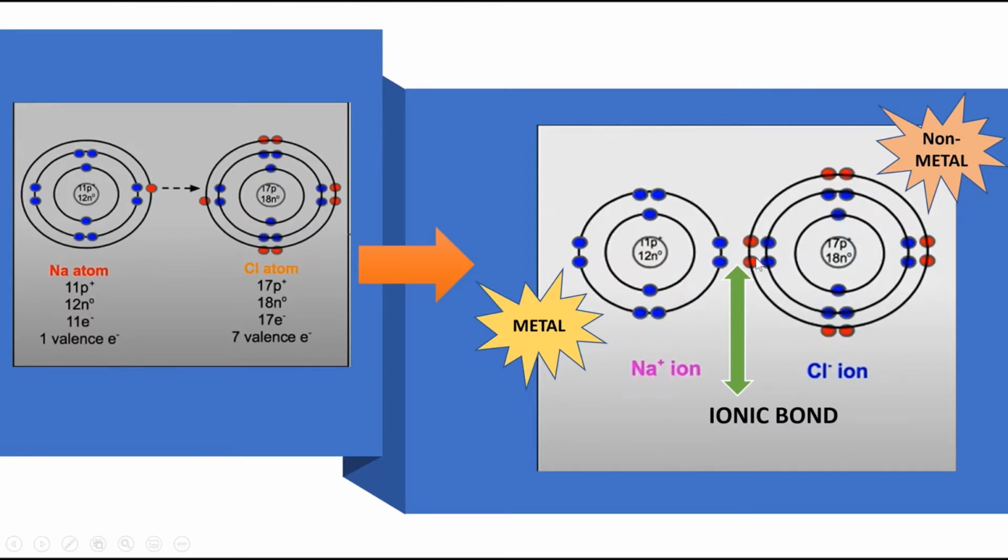Since it has higher electronegativity, it will take the electron, and sodium will be happy to gain its octet. Chlorine is also happy to gain its octet. Octet means the outermost shell should have 8 electrons. You can check the outermost shell of sodium, it has 8 electrons, and chlorine also has 8 electrons. So both are happy by transferring the electrons, and the type of bond formed is the ionic bond.